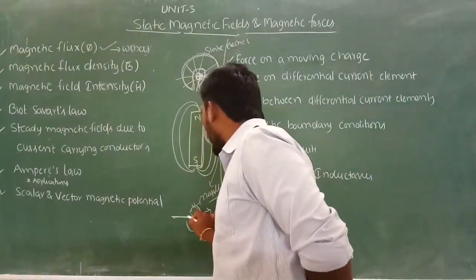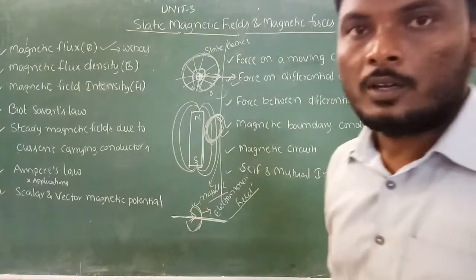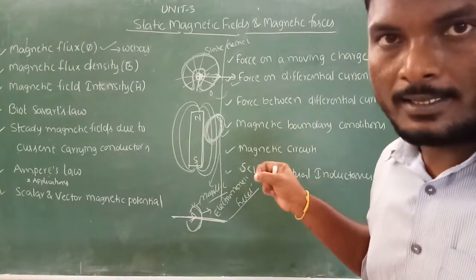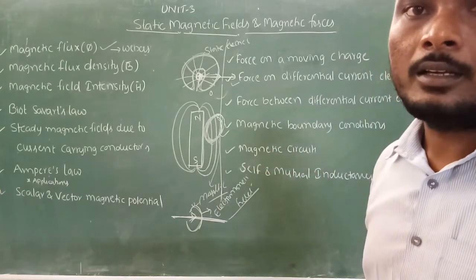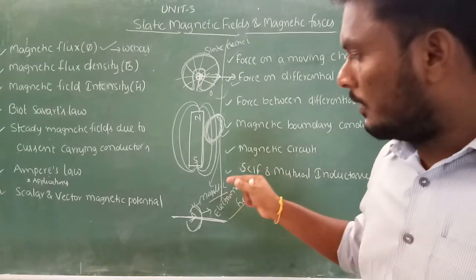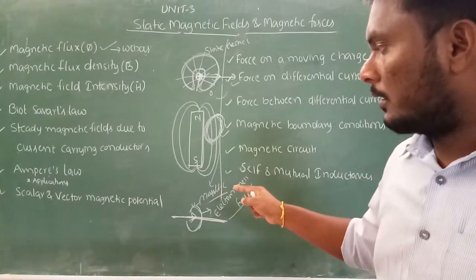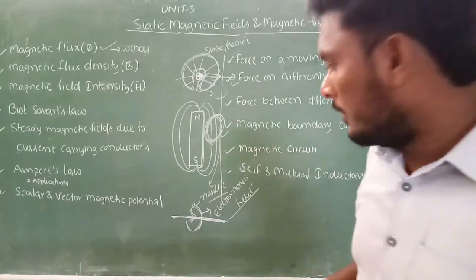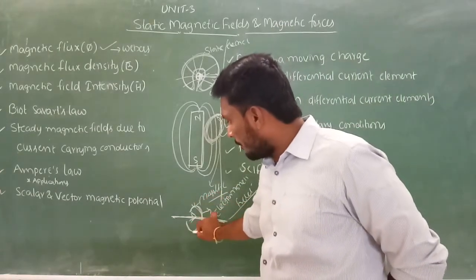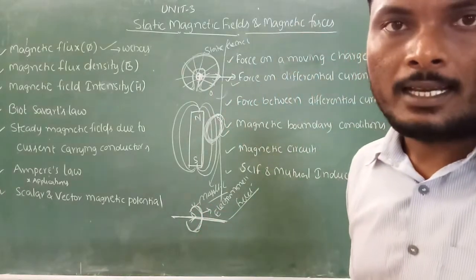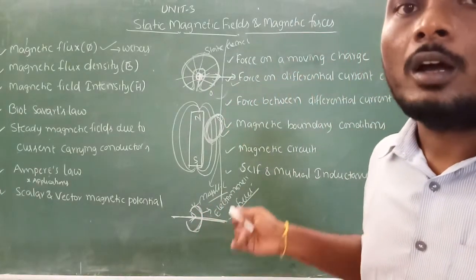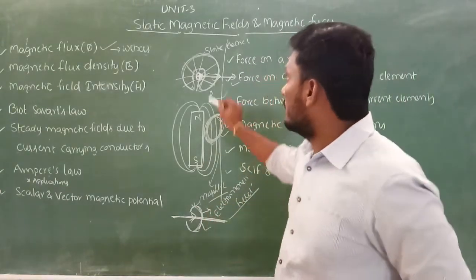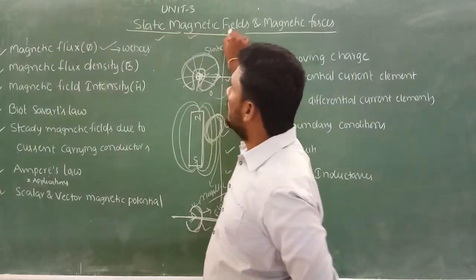Whenever the current through the conductor is static or DC or time invariant, the field produced by this conductor is also a static field or DC field or time invariant field. Such a field is called a static magnetic field.